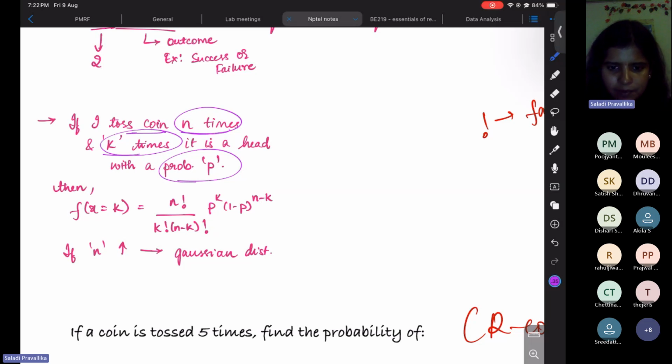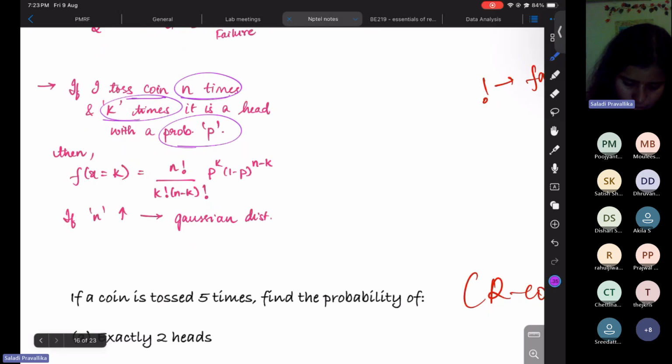In the question itself, we will always mention what the probability is. Then the function is n factorial divided by k factorial times n minus k factorial, times p to the power k, times 1 minus p to the power n minus k. So p is the probability here, and n and k values are already given.